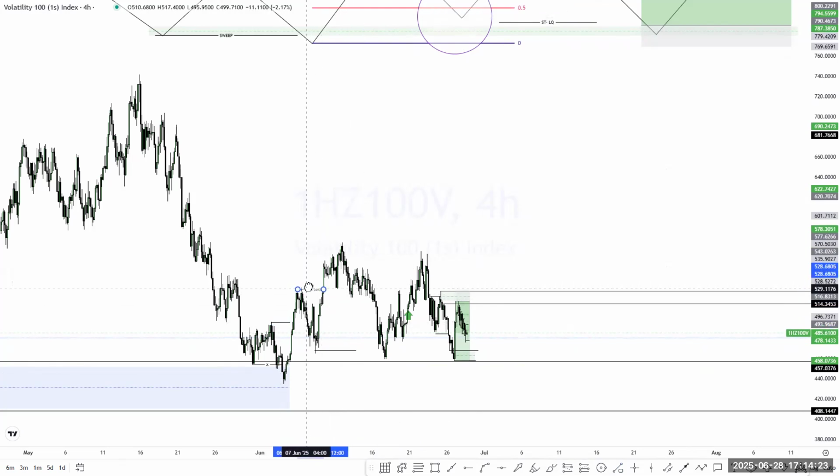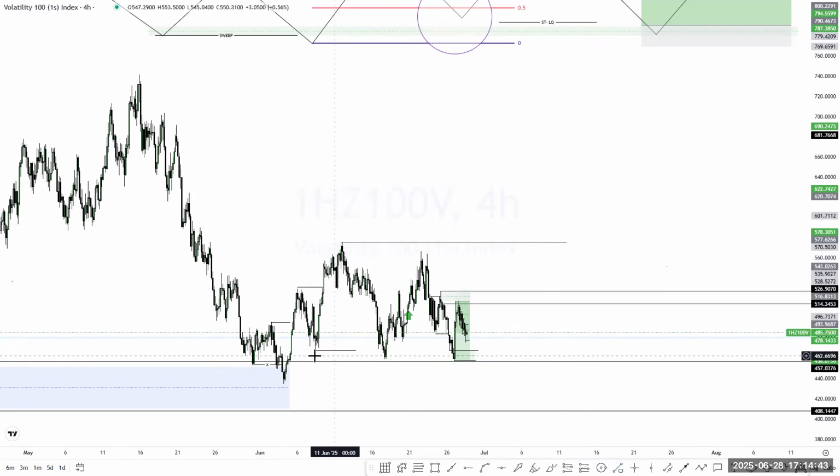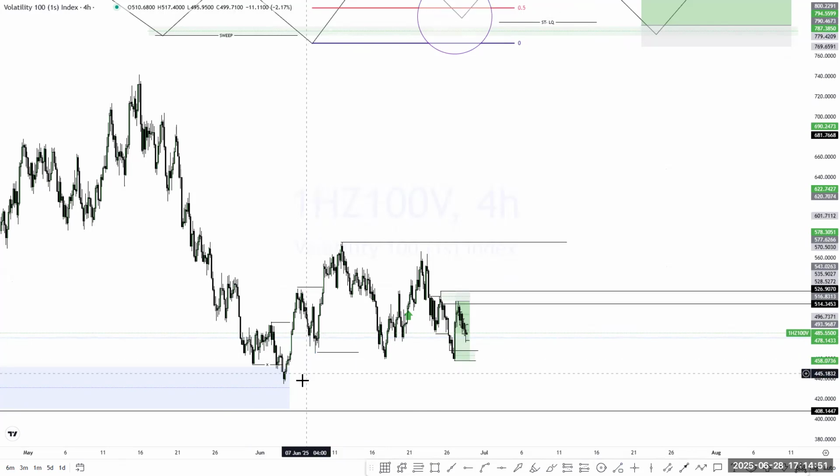So let's assume you have this on the higher time frame. Then we have this ERL that price should eventually come to take out, right? So now we have the sweep, the break, and the inducement already. Let me delete this line.